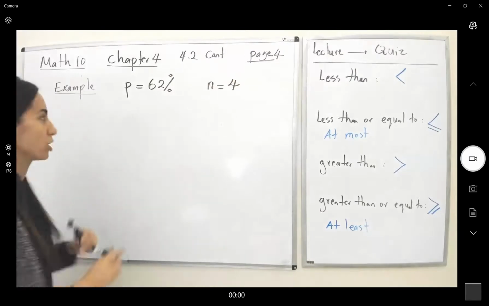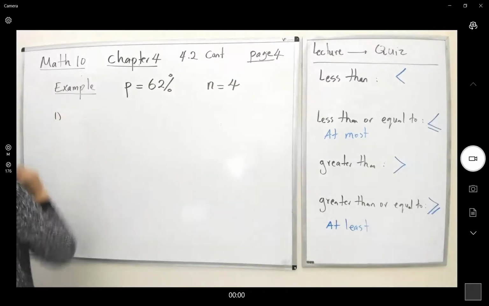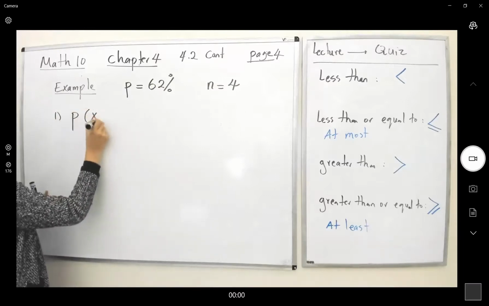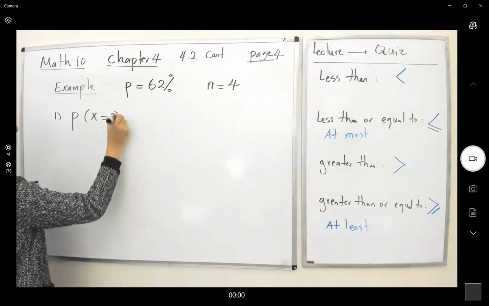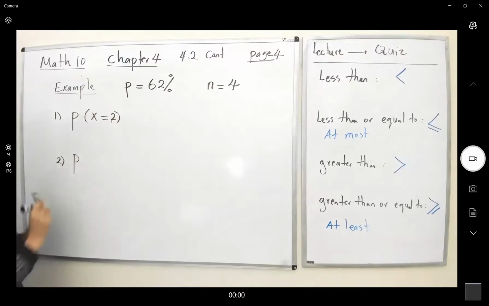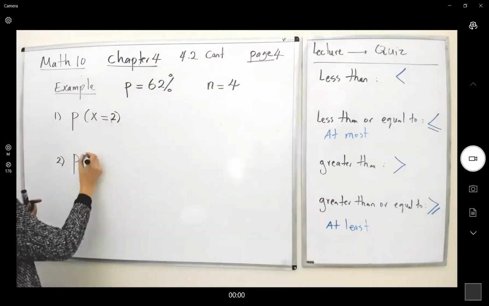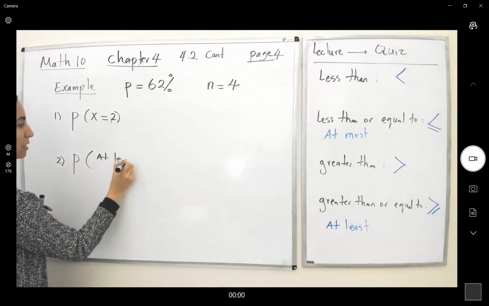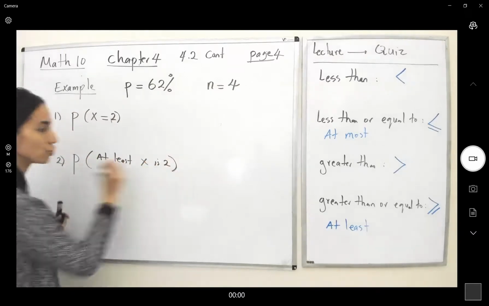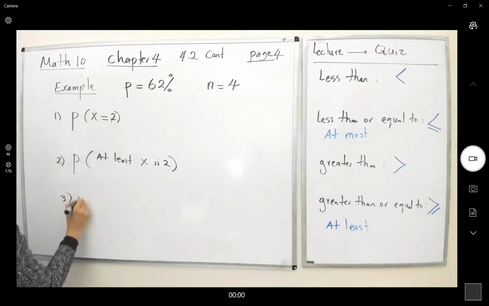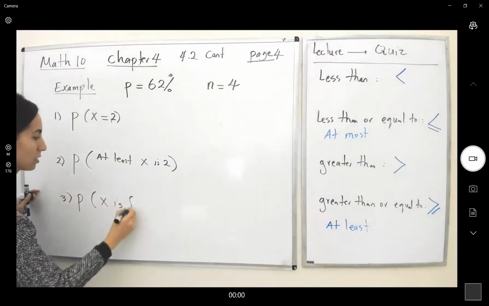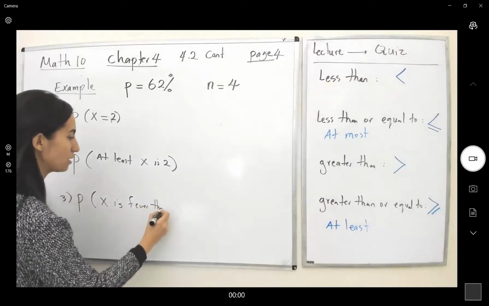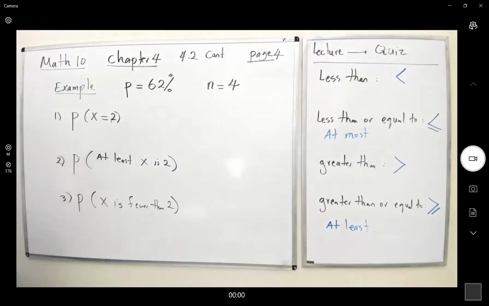So question 1 asks, what's the probability that X is exactly 2? 2, what is the probability that X is at least 2? And 3, what is the probability that fewer than 2 of them responded yes? X is fewer than 2. Perfect.